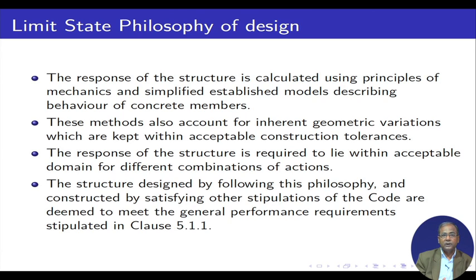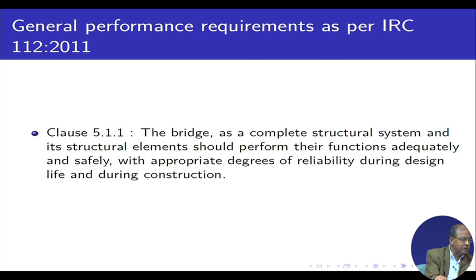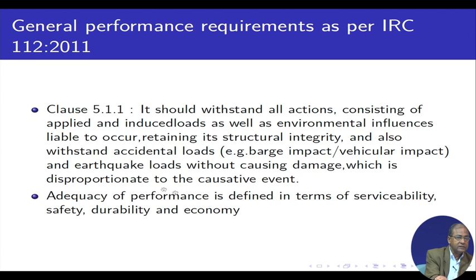The structure designed by following this philosophy and constructed by satisfying other stipulations of the code is deemed to meet the general performance requirements, which we already discussed at the very beginning of this lecture, that is clause 5.1.1. Just for continuity I am showing it here.